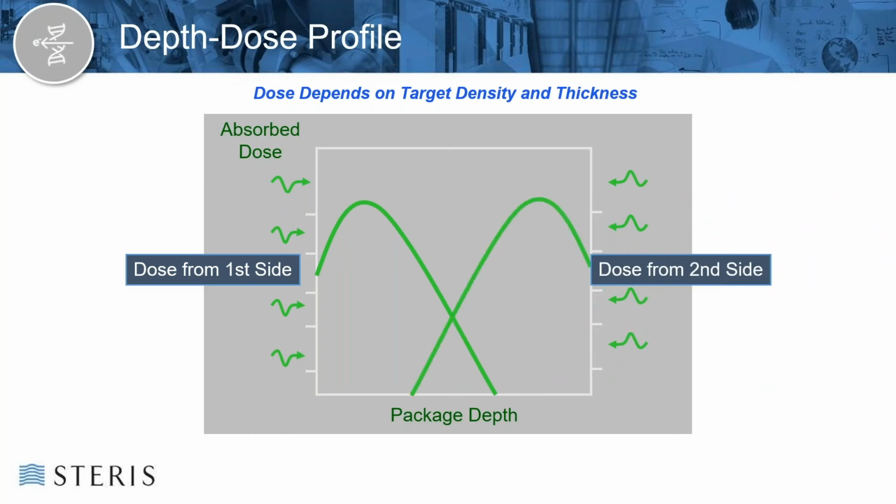We irradiate on the second side, and we get that second profile that you see there. It's the mirror image. And we say, okay, well, it looks like the dose might be a little low in the middle, but realize that when you combine the two curves, you get that black curve that you see at the top. And our DUR really is that max to min ratio for this type of configuration.